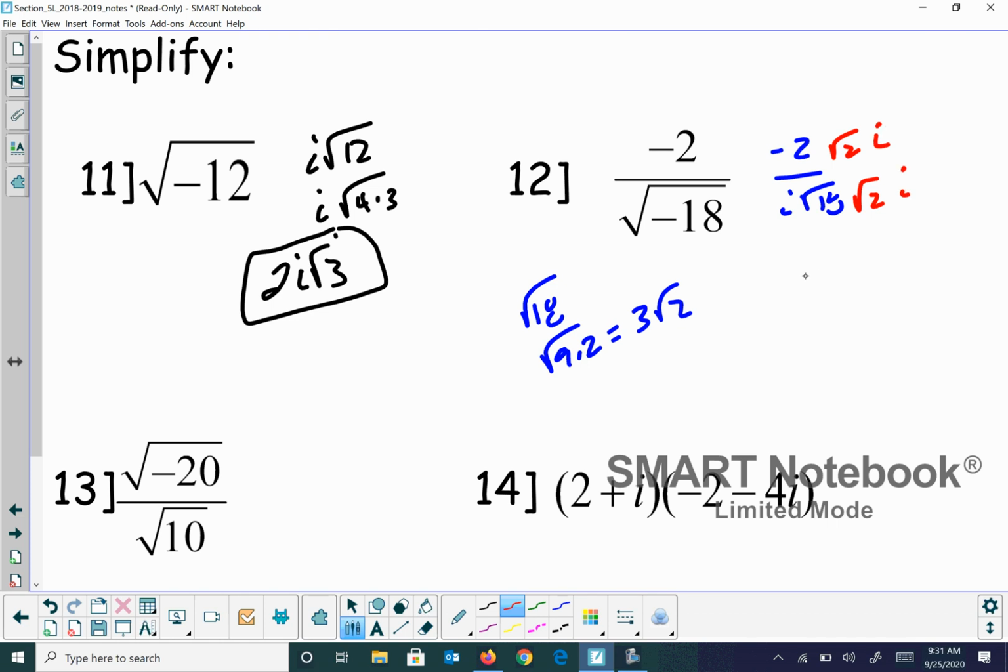So on top, I'm going to get negative 2i root 2. And then on bottom, i times i is i squared, which is negative 1, and 18 times 2 is 36. So I'm going to get negative 6 on bottom. Negative over negative is positive. Reduce the outside 2's. So I'm going to get i root 2 over 3.